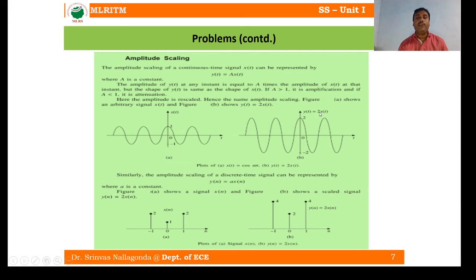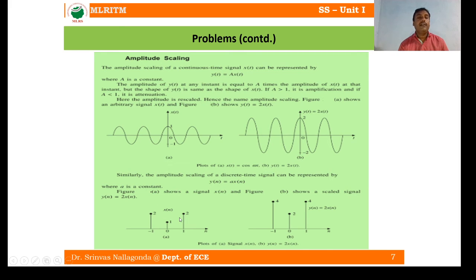Now I would like to find 2 into x(t). Multiplying each and every peak on the positive side and negative side by 2, you will get the scaled version of the cosinusoidal signal: 2, 2, 2 and so on, and here also minus 2, minus 2 and so on.